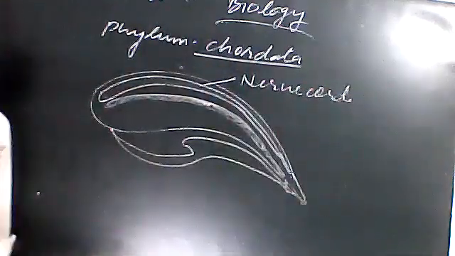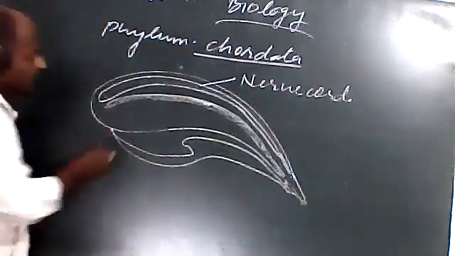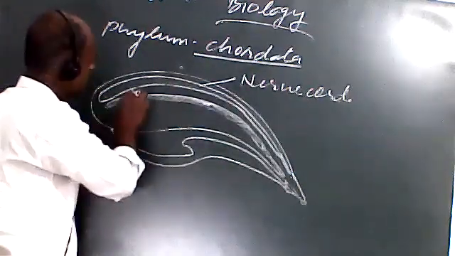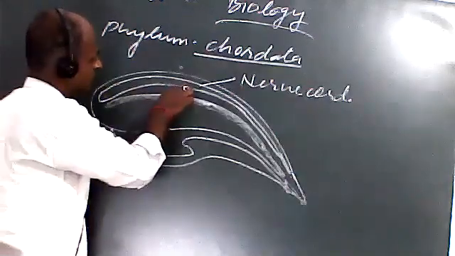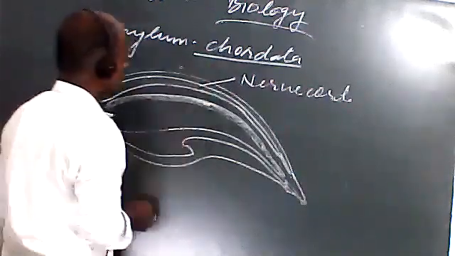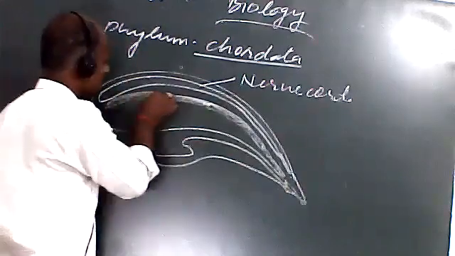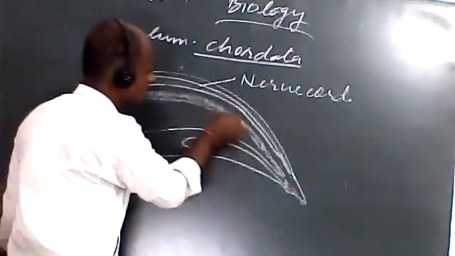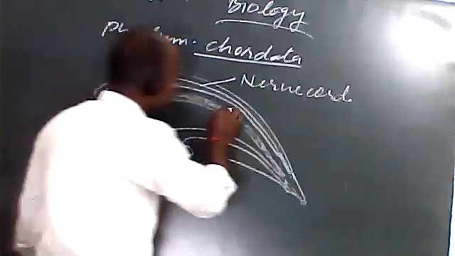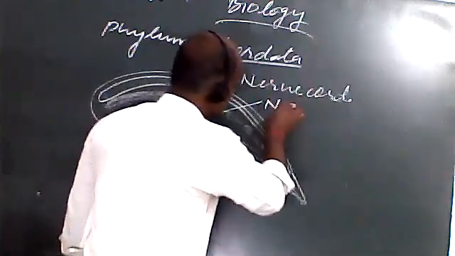After that there is the presence of notochord. This nerve cord is a hollow structure which is present in the dorsal position of the body, or the upper portion of the notochord. This is notochord.